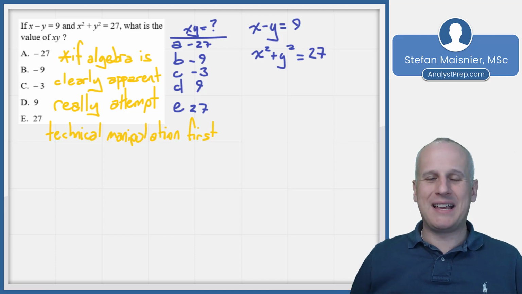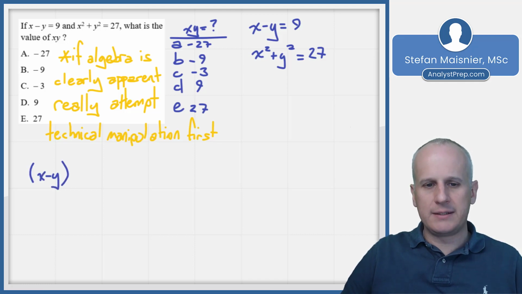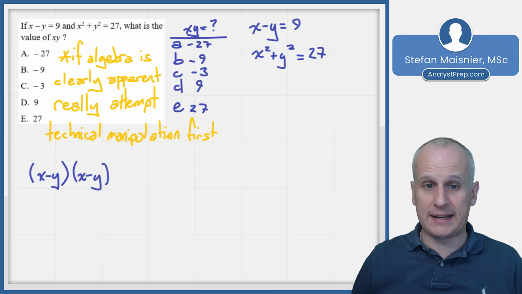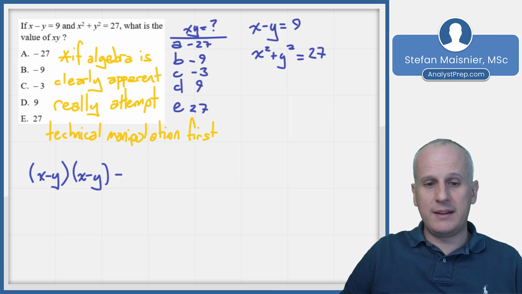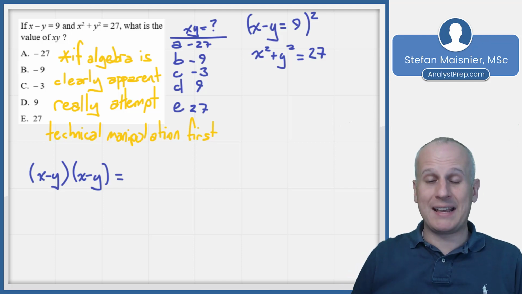So because this structure is presented to us, we need to recognize that x minus y times x minus y is one of our common quadratic identities. So we can square this x minus y equals 9 by expanding our quadratic and foiling.